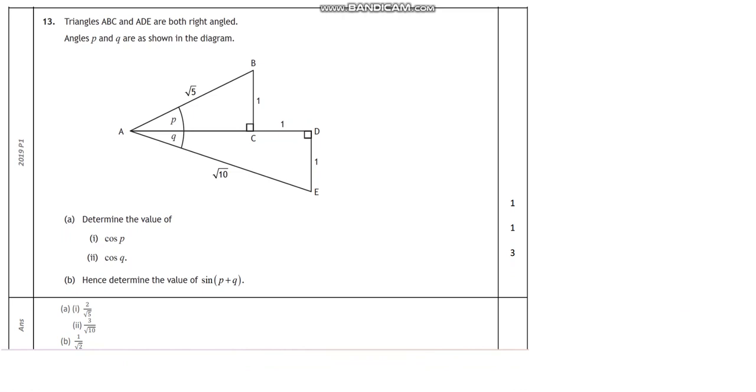First thing I'm going to do is label up my triangles. So I need to find this length in here. So x is going to be 2. So that length in there is 2.